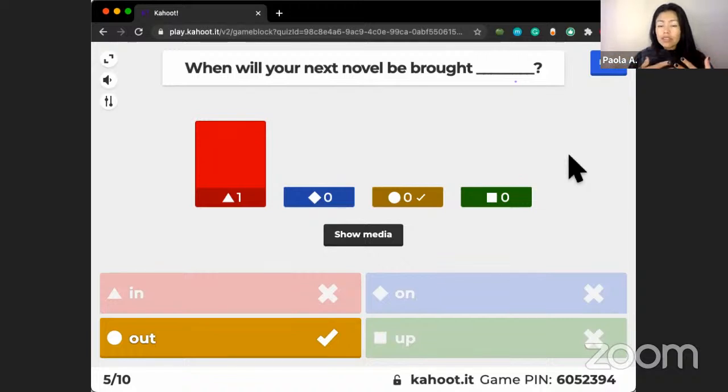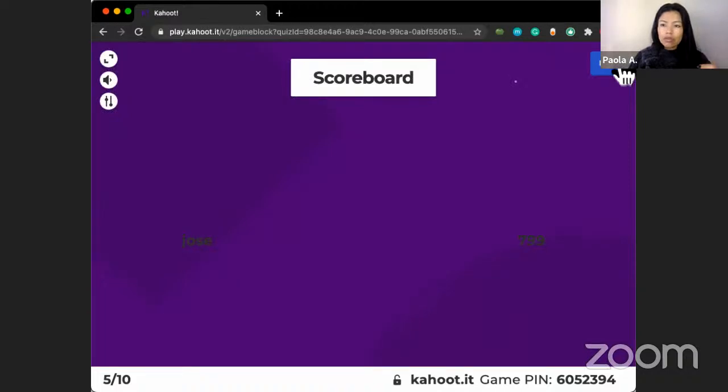Obviously a novel is something that has a progress to write, and then when it's done, they show it, right? They sell it or they publish. So it's related to that. When will the next novel be brought out? It will be presented to us. It's brought out.